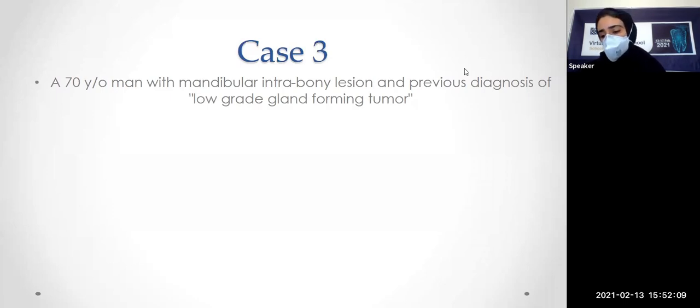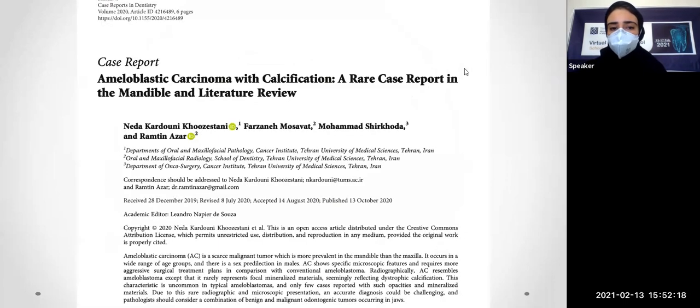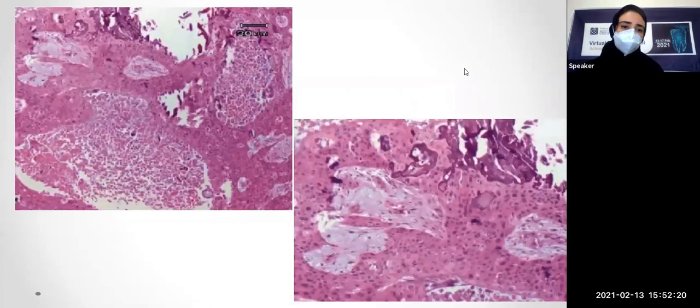And on panoramic view, the opacities were not that obvious. But the calcified material under the microscope was really evident, as can be seen here, extended through the whole lesion.